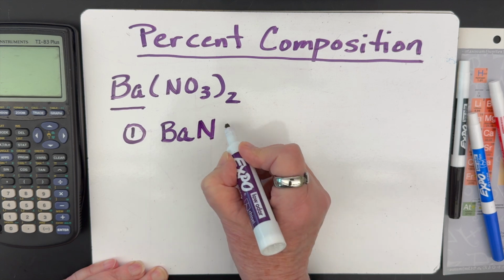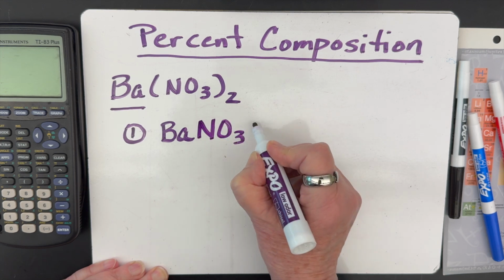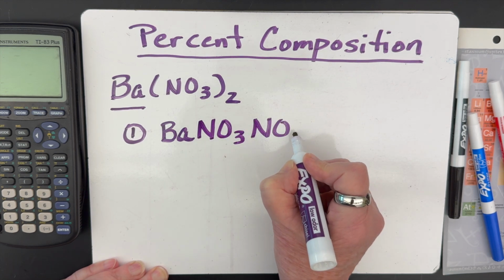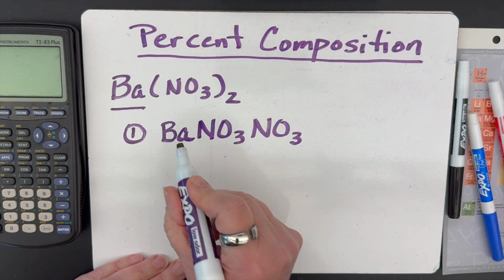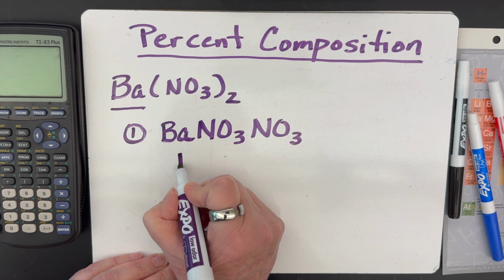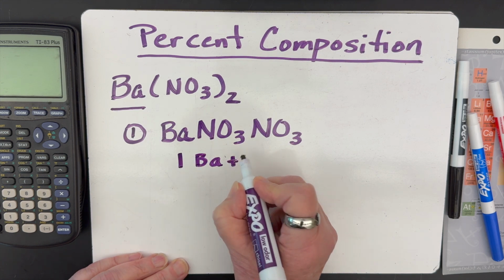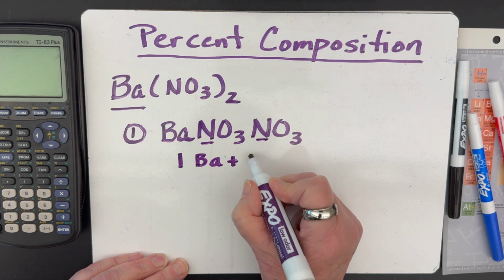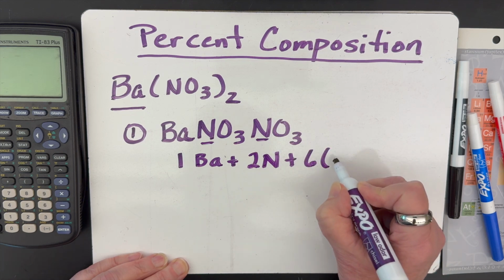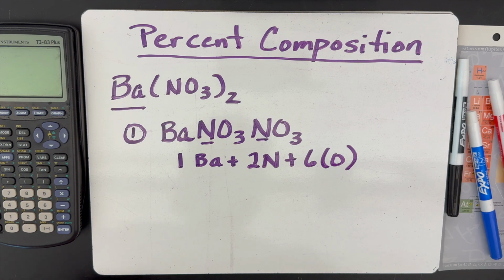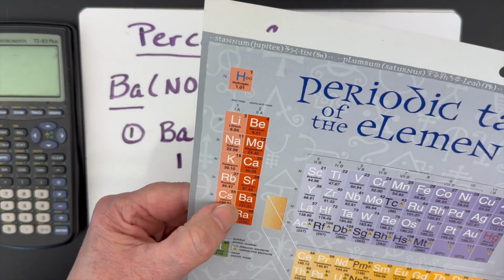So it's basically Ba, NO3, and another NO3. If we add all this up, we have 1 barium plus 2 nitrogens plus 6 oxygens. So we look up the mass of each one.